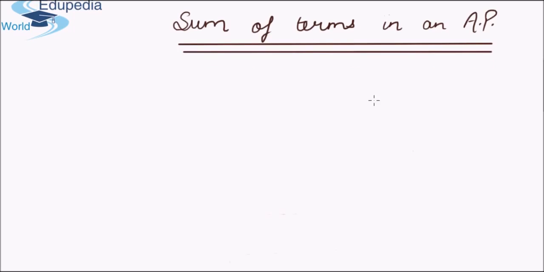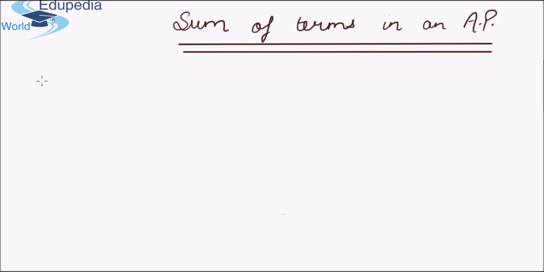In this video, we'll be deriving a relationship between different terms to find out the sum of all the terms in a given arithmetic progression.